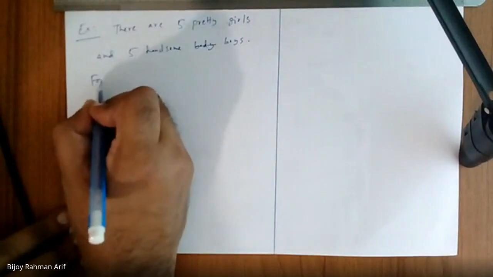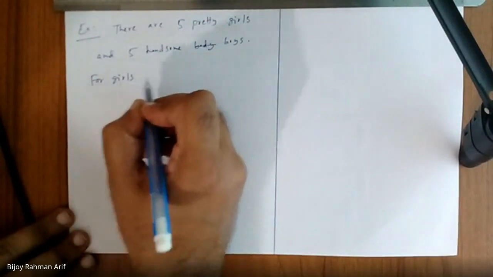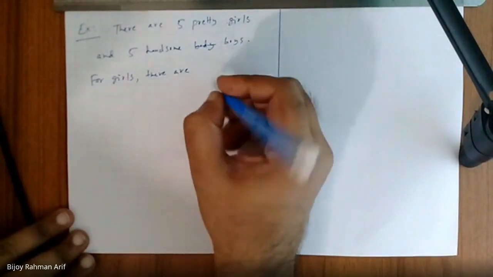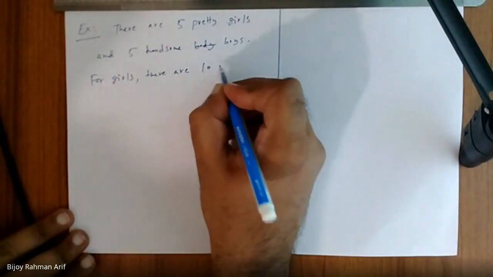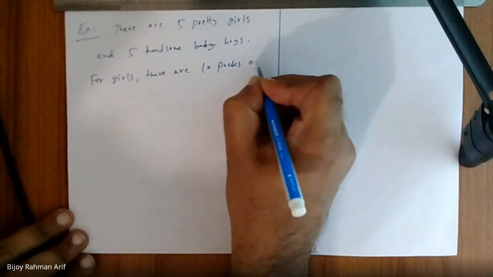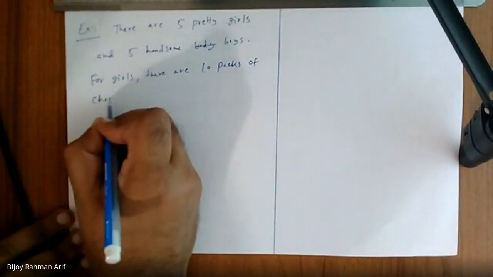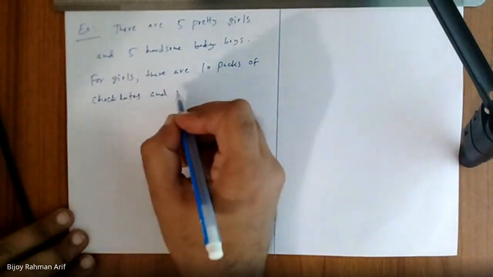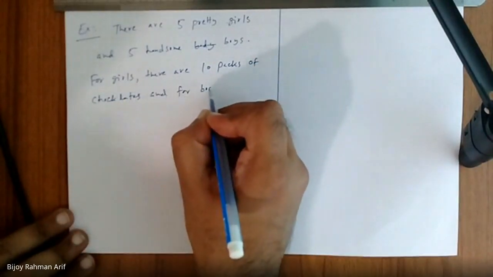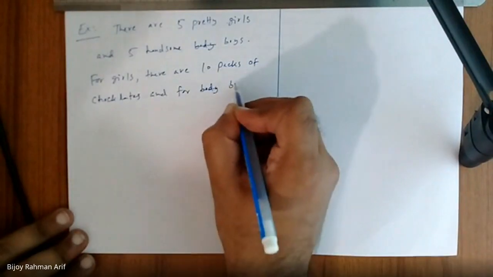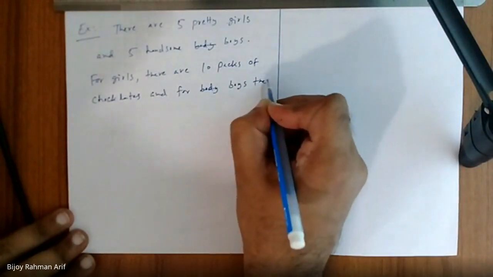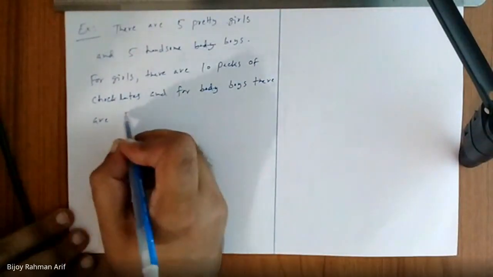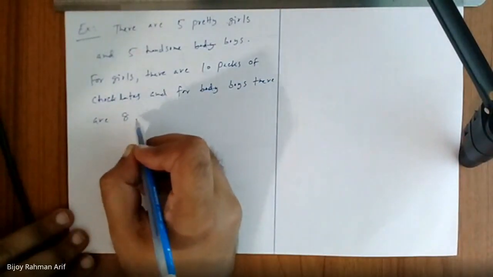For girls, there are 10 packs of chocolates and for boys, there are 8 perfumes.